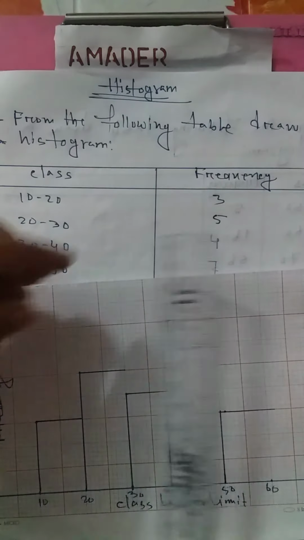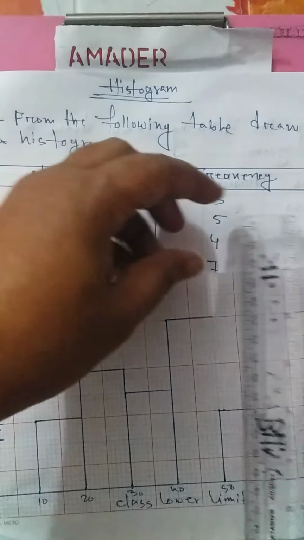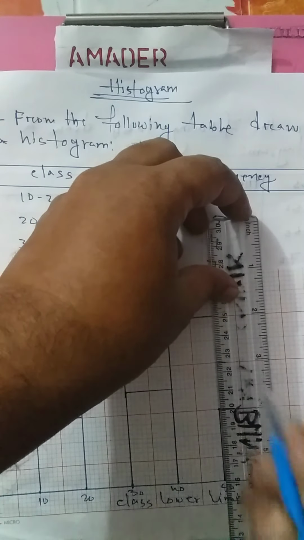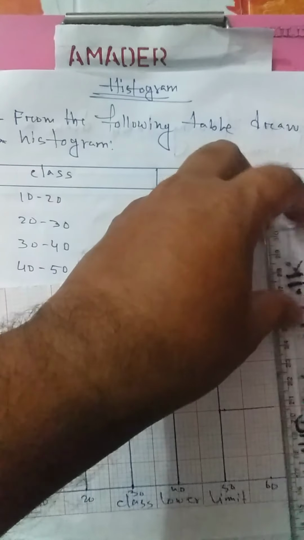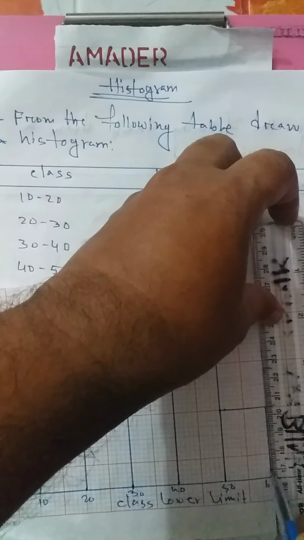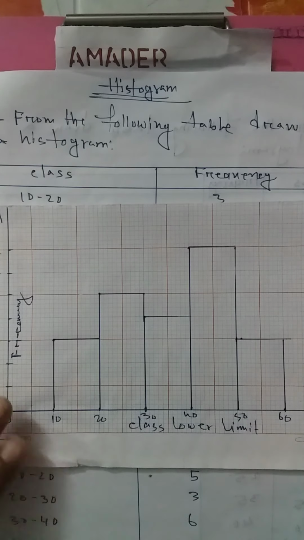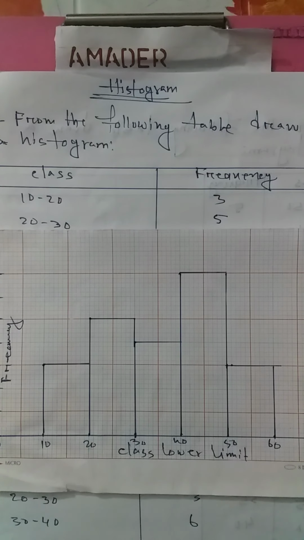Then fill the gap. Then filling the gap. This is the histogram of the exclusive method frequency distribution.